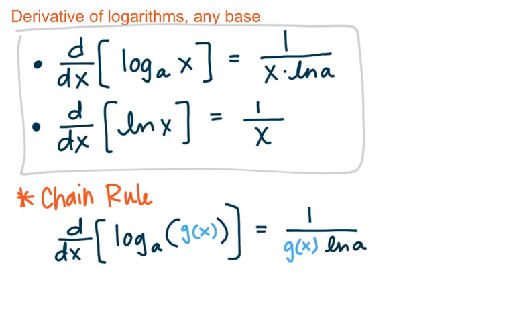That's the derivative of the outside, but we must also include times the derivative of the inside. Multiplying those fractions, the derivative of the inside just slides over into the numerator. So this is a rule we can either remember or derive using our chain rule.